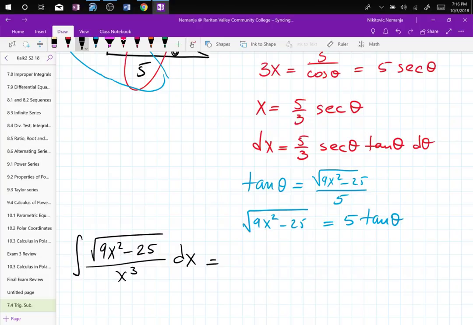So now the square root is 5 tangent theta.